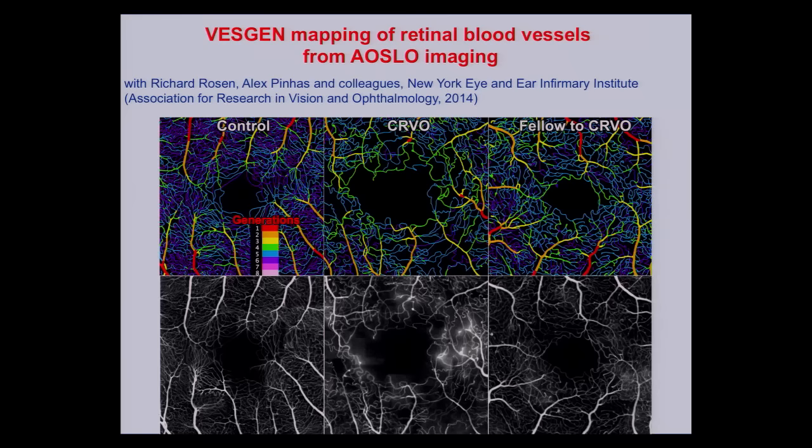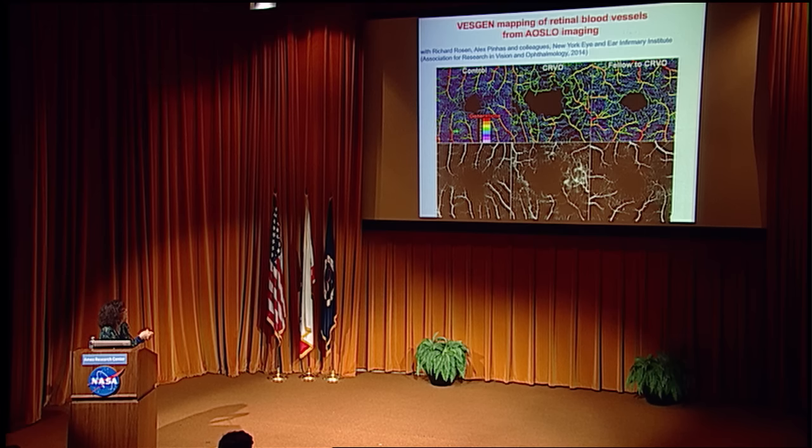So working with Richard Rosen and others at the New York Eye and Ear Infirmary Institute, we're beginning to use the VestGen for these kinds of new imaging technologies. And what you can see when we do have the quantification, I'm sorry, I can only really provide the maps in the scope of this talk, but central retinal vein occlusion is a common retinal visual impairing disorder.